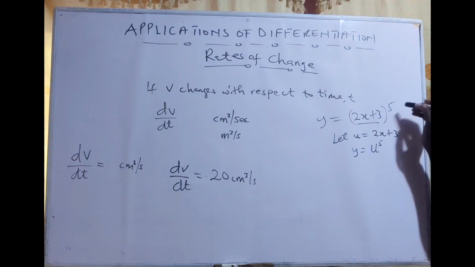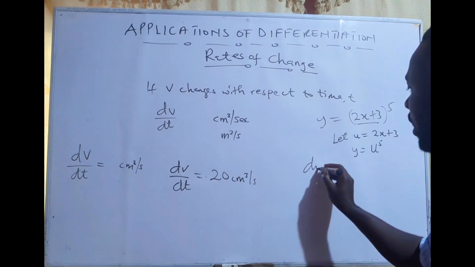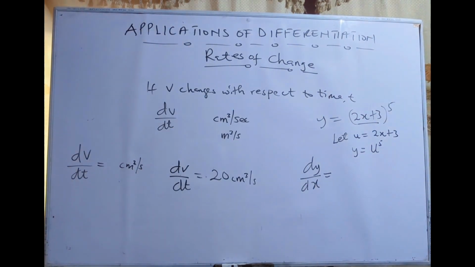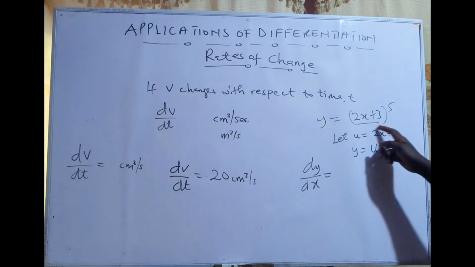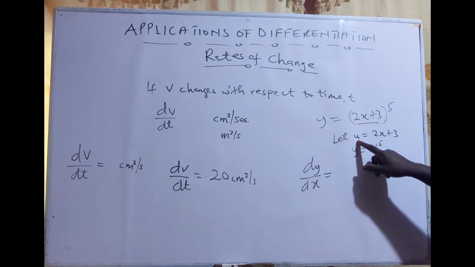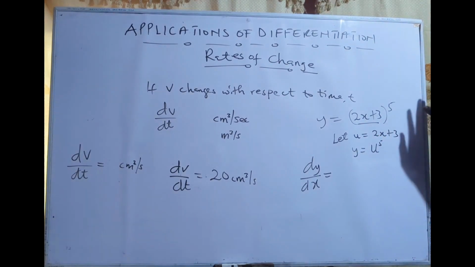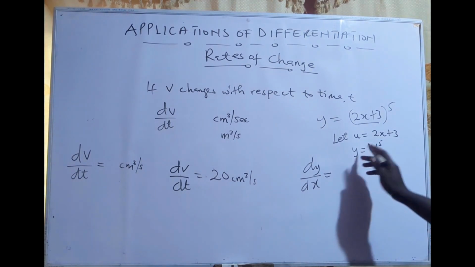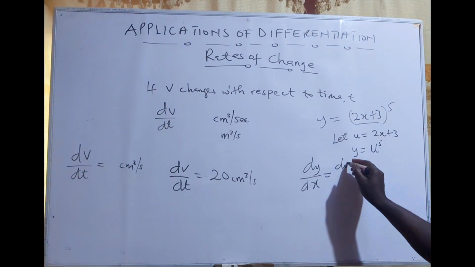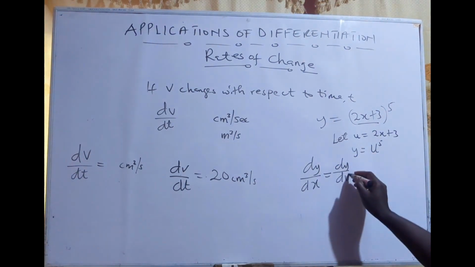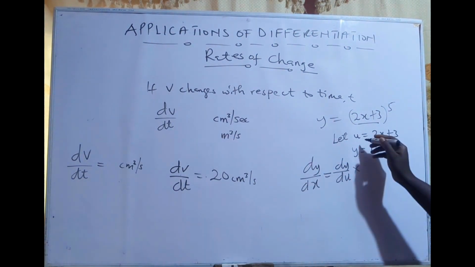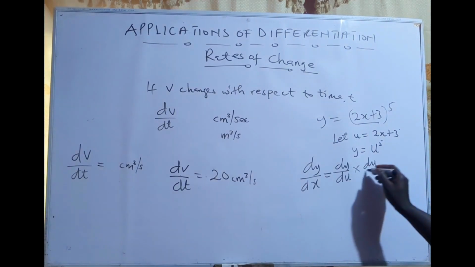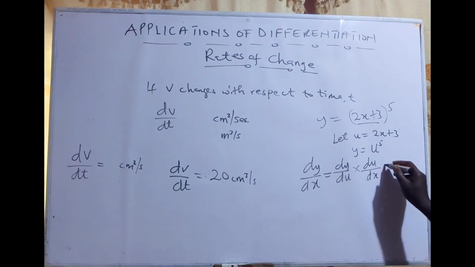So if I'm differentiating this function, then my dy on dx will be that I differentiate y with respect to u, which becomes dy on du, and then I differentiate u with respect to x, and that will be du on dx.